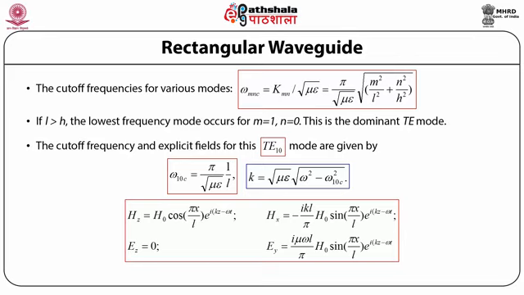Since we are considering transverse electric modes in the rectangular waveguide, the longitudinal or the z component of the electric field is equal to 0, while the y component of the electric field Ey is equal to i times mu times omega times L by pi whole times H naught times sine of pi x by L, e to the power i (kz minus omega t).